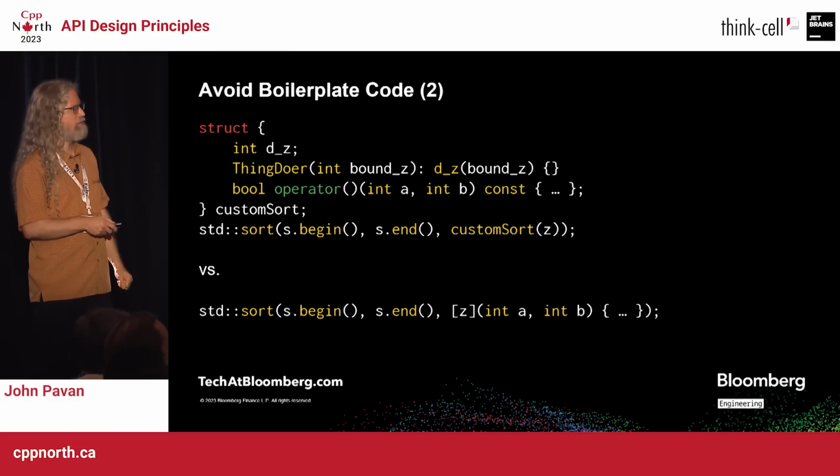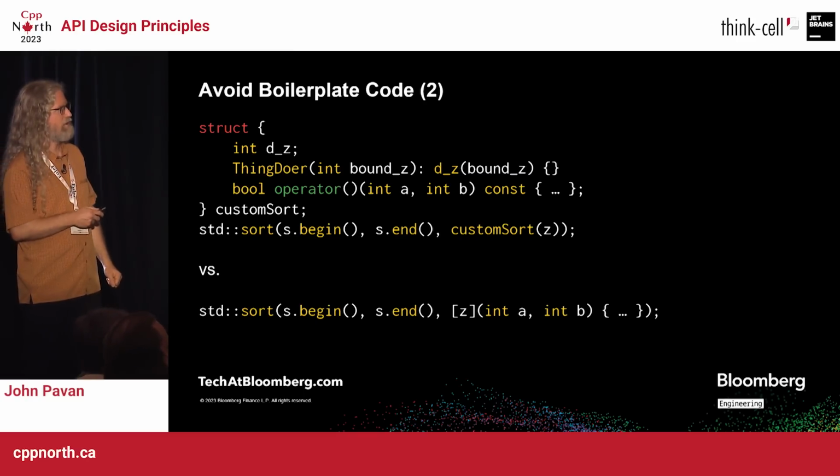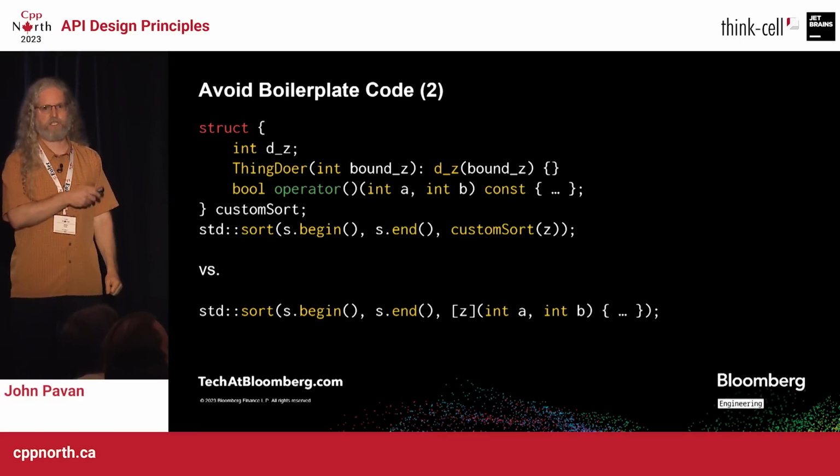It does exactly the same thing, has exactly the same performance characteristics, and is somewhat easier to read as well, because the custom sort method is likely to be far away from where the sort is actually used, whereas the lambda is going to be contextually in line.